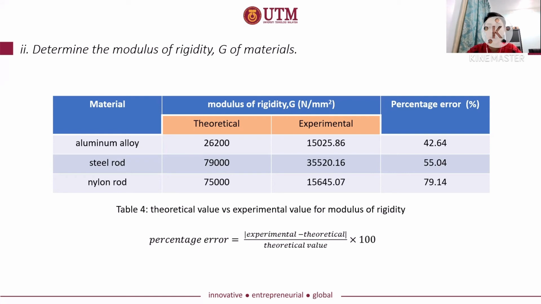The percentage error is quite high for the three materials due to some error, where the aluminium alloy is 42.64%, and for steel rod is 55.04%, and for nylon rod is 79.14%.